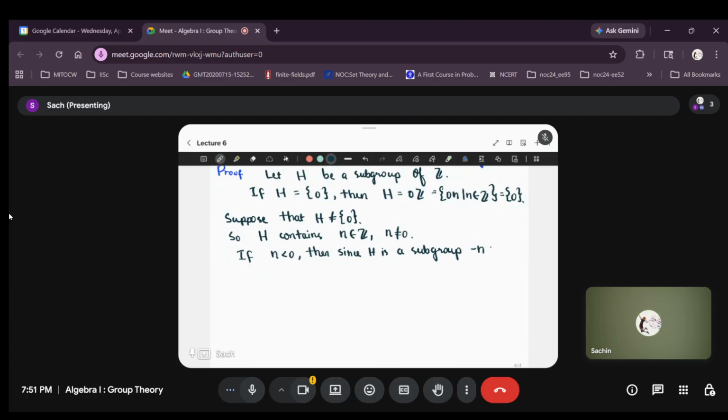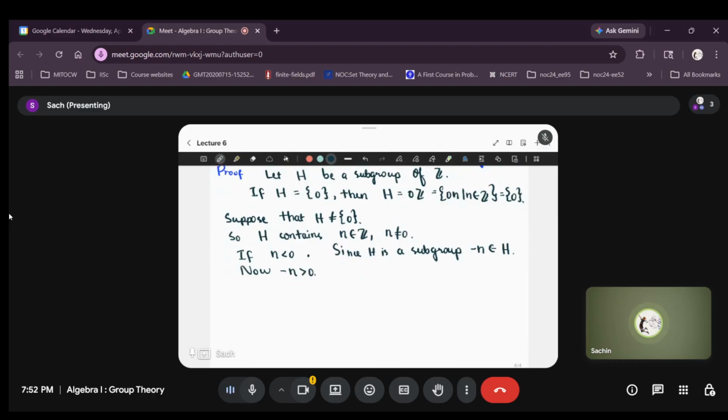Minus n belongs to H. Now minus n is greater than 0. So we have shown that if H contains an integer that is not 0, then H will contain a positive integer which is not 0.